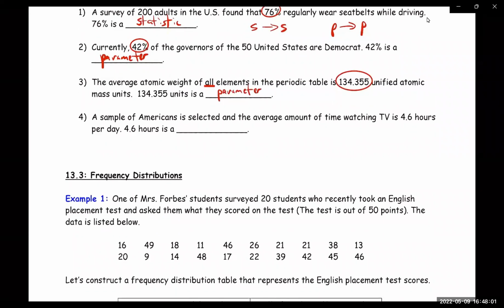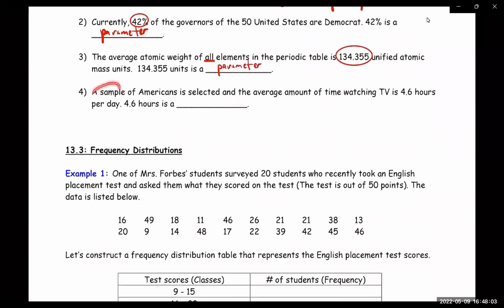All right. Here's another keyword: a sample of Americans is selected, and the average amount of time watching TV is 4.6 hours per day. Is that going to be a parameter or a statistic? Is it describing a sample or a population?